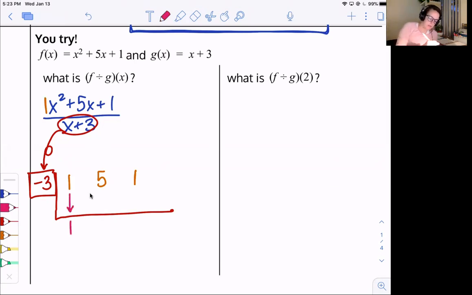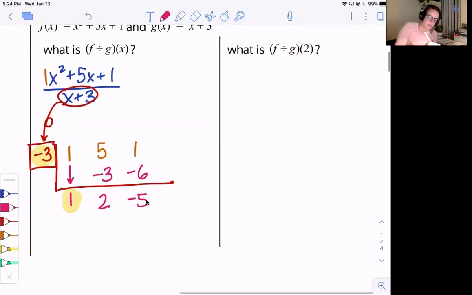I'm going to do 1 times -3 would be -3, which I put right here. 5 minus 3 would be 2, right here. 2 times -3 is -6, which I write right here. 1 minus 6 is -5, which I write right there.